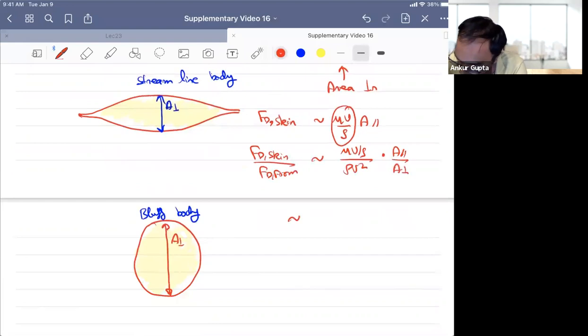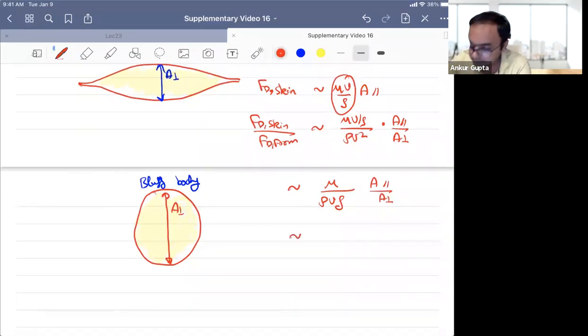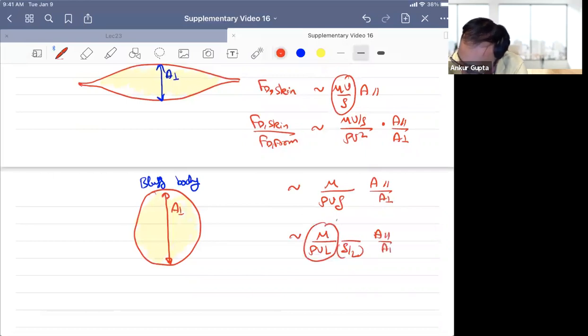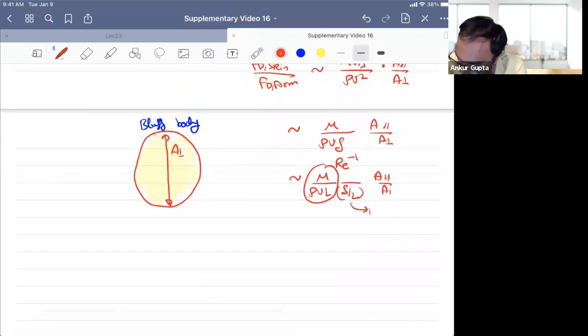This becomes mu by rho u delta times A parallel by A perpendicular, and don't forget that delta is itself L times Reynolds number to the power -1/2. So this will become Reynolds number to the power -1/2 times A parallel by A perpendicular.